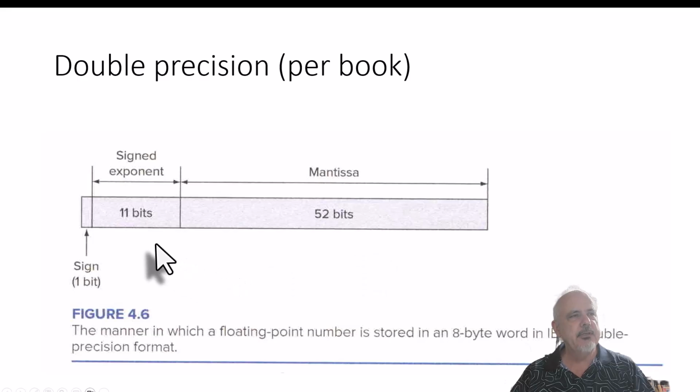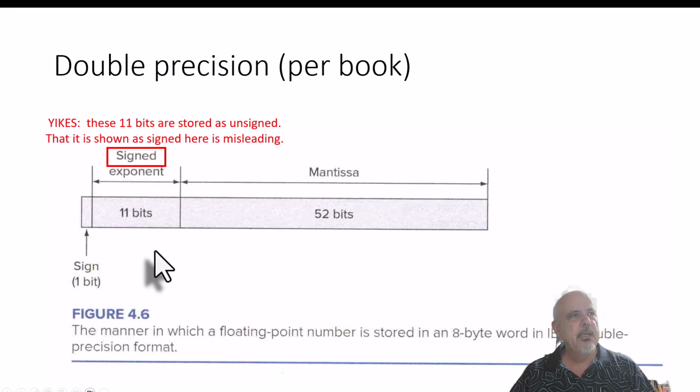But it's 64 bits. And what they show is that the highest bit is a sign bit, and then there's 11 bits for an exponent. I'm going to tweak this in a minute, but the sign bit is the very highest bit of the 64-bit floating point number, so that's easy to get.